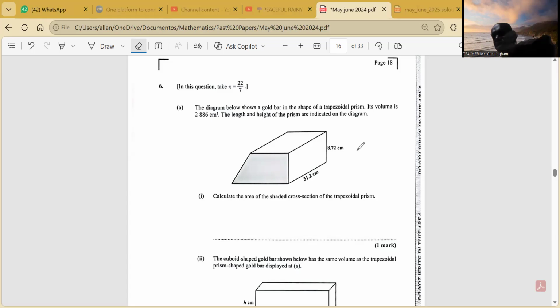The cross section is the same shape that goes throughout the shape. So to get a better understanding of this shape, this is it here.